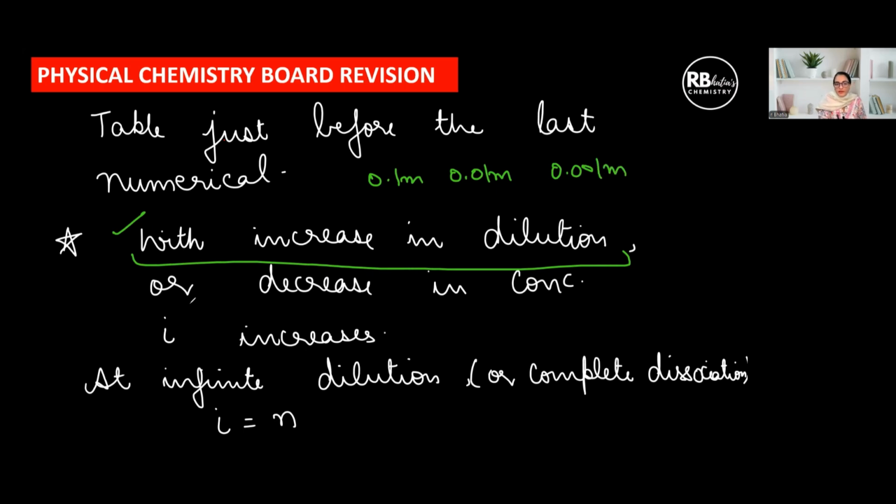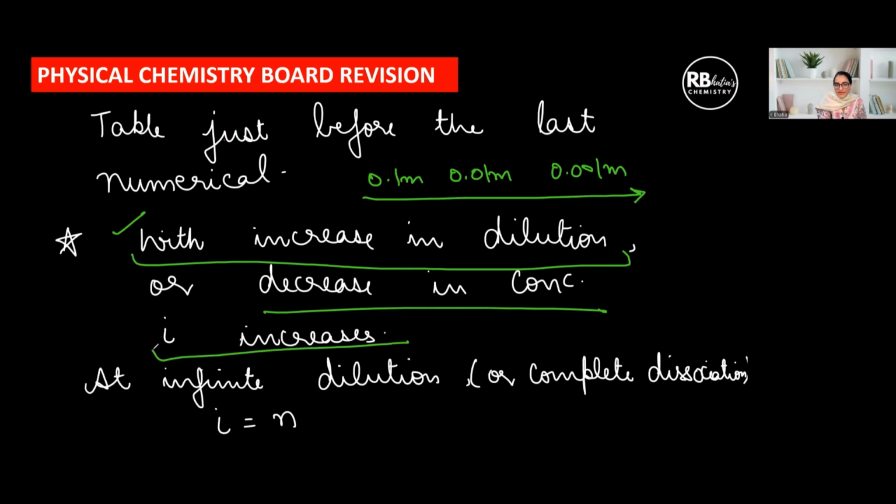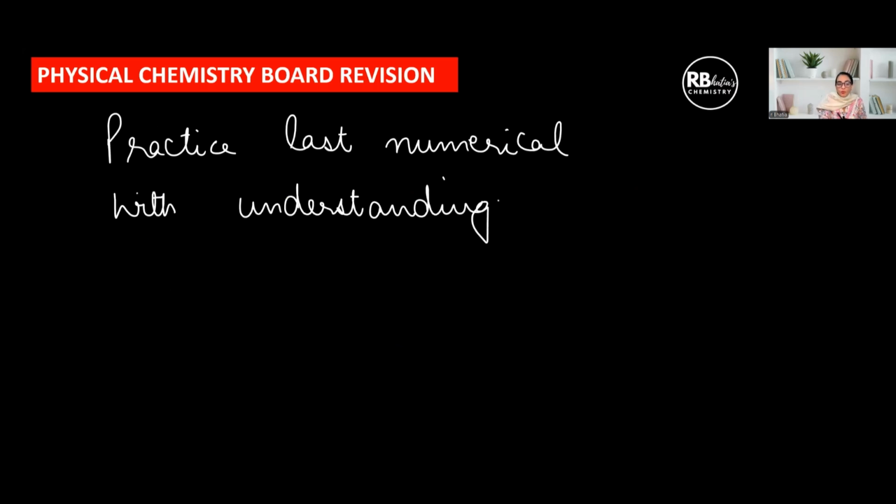With increase in dilution or decrease in concentration, you will observe I increases. And at infinite dilution, the last column, you will observe I is equal to N. So just observe this. Okay. So practice the last numerical with understanding that will make you solve any applied numerical that comes.